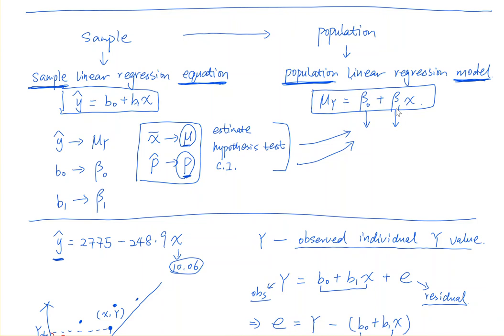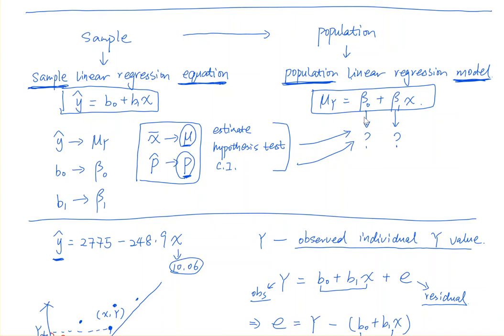But we will never know the detailed value of beta 0. We will never know the value of beta 1. So for any linear relationship between x and y, the population linear regression model will be just like this. You don't have detailed values for beta 0 and beta 1.